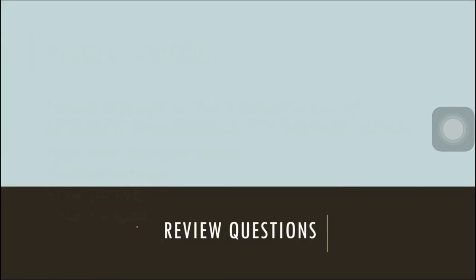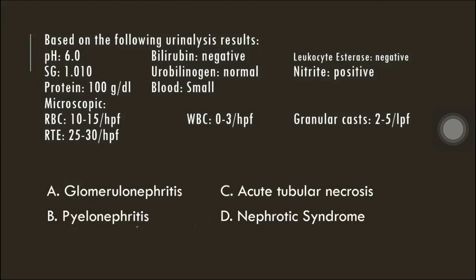Next. Okay, we now move on to yung review questions para review tayo for the microscopic examination. Okay, so let's start with first question. So based on the following urinalysis results, pH of 6, bilirubin negative, leukocyte esterase negative, specific gravity 1.010.